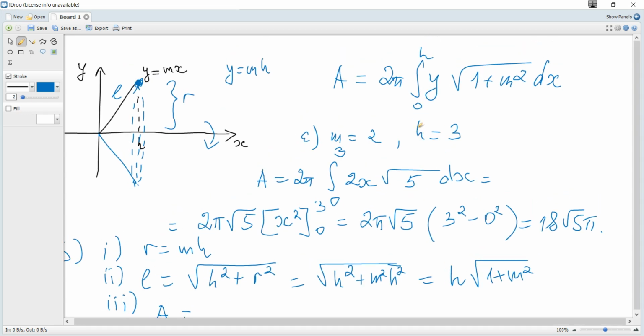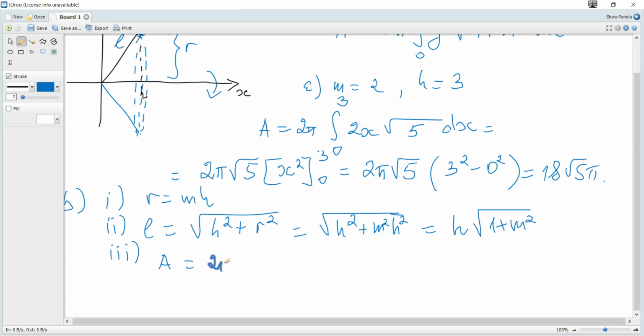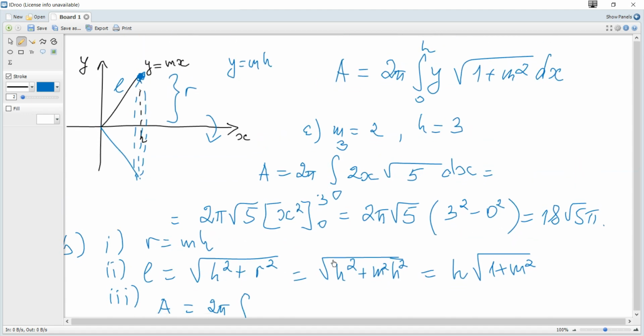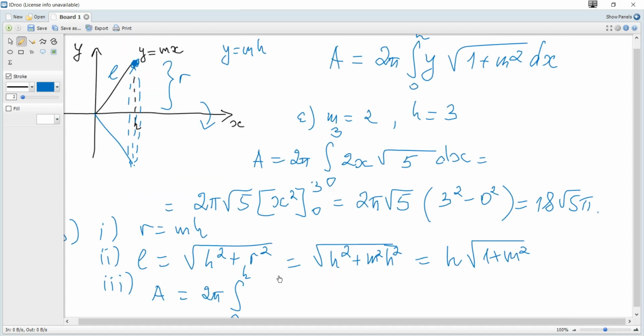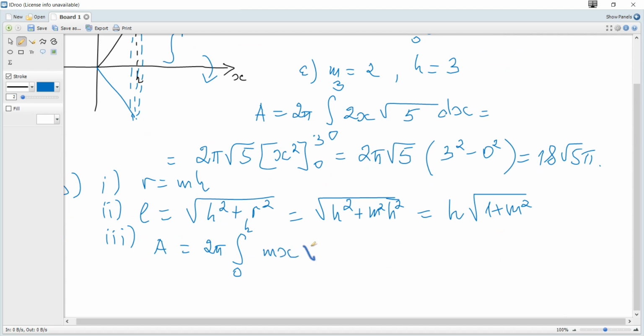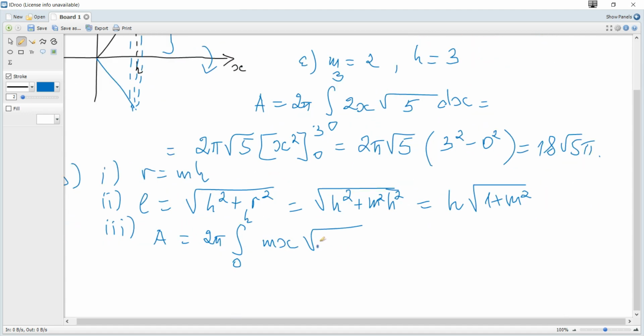apply this formula for the surface area, and it's 2 pi integral from 0 to h, y is mx, square root of 1 plus m squared dx.